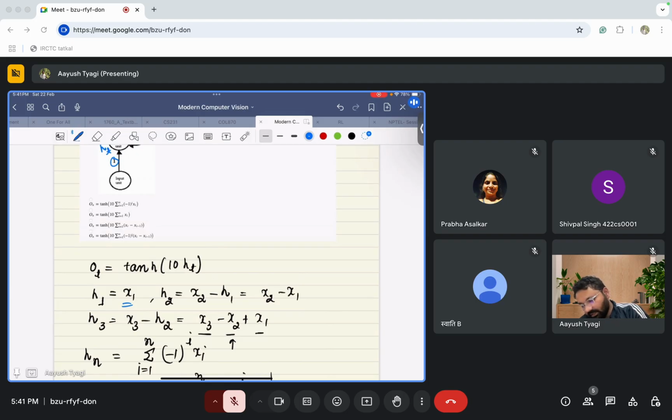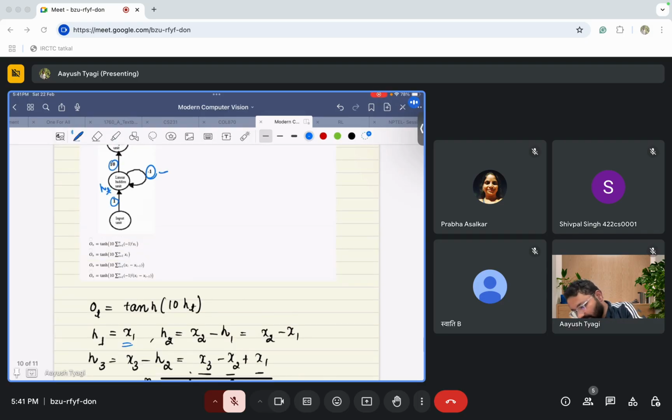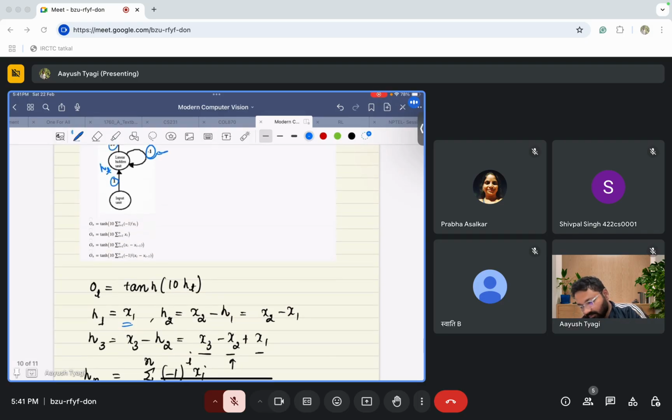In the next step, because h_t is multiplied by -1, the next step will be h2, which is dependent on x2. You have a sequence of inputs coming, x1, x2, x3, x4, and so h2 will be dependent on x2 minus h1, right?